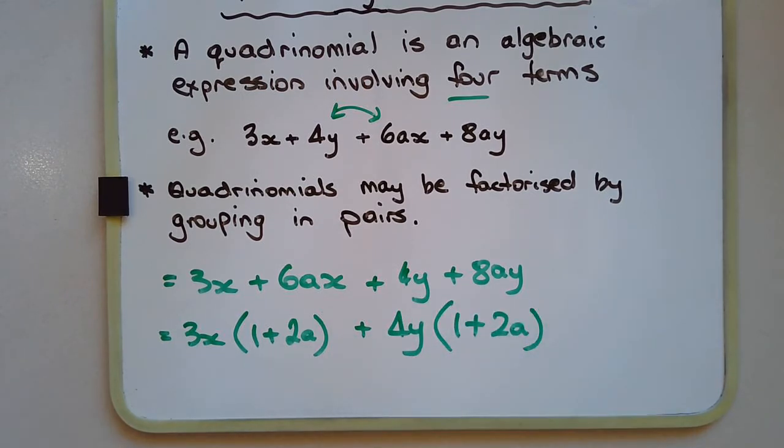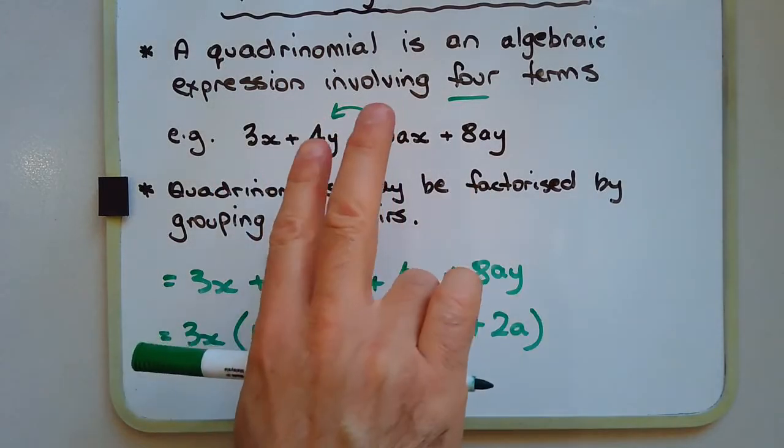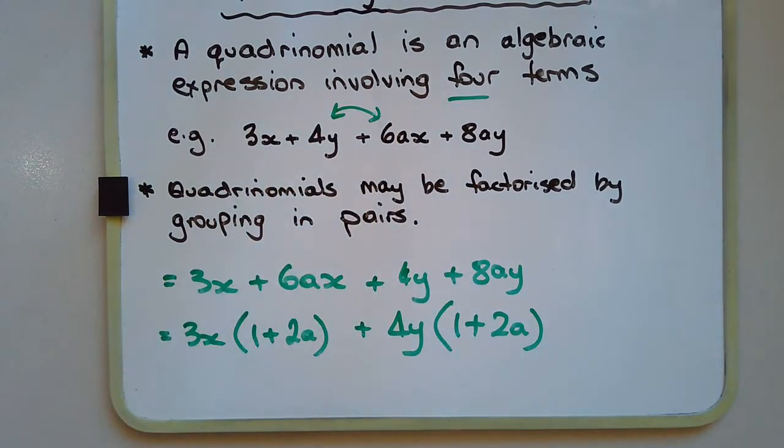So this is just basic common factorization, but applied to one pair of terms at a time. But notice how by transposing the two middle terms, we can see the factorization maybe a little easier. Not necessarily more correct, I'm just saying it's another way of doing things.